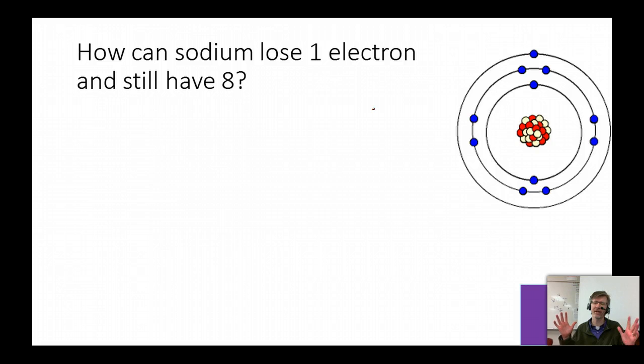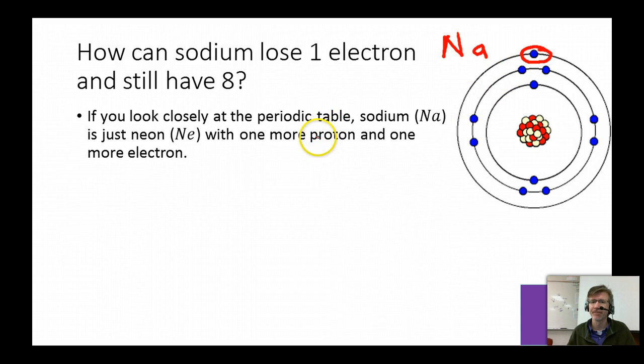All right, so you're asking me, hey, Mr. Weisenfeld, how can sodium lose 1 electron and still have 8 valence electrons? I don't get it. So check it out. Here's sodium. Here's that 1 valence electron out here that we're talking about, right? But let's look at the table too, because sodium, Na, is just 1 proton and 1 more electron than neon.